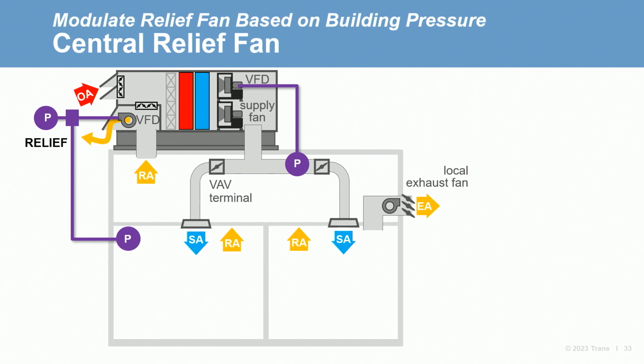If the pressure difference rises above the desired limit, the relief fan turns on and a VFD modulates its speed to relieve sufficient airflow to maintain building pressure at the desired set point. If the pressure difference drops below set point minus some deadband, the relief fan can be turned off. Directly measuring building pressure allows the system to respond to changes and actively control pressure in a more stable fashion.